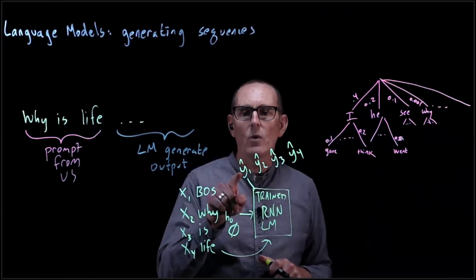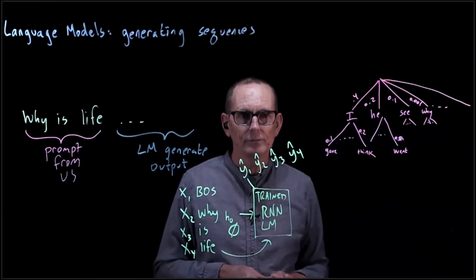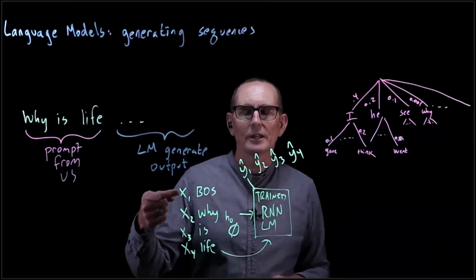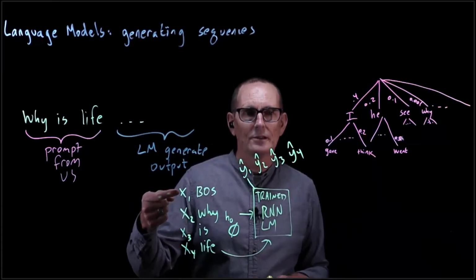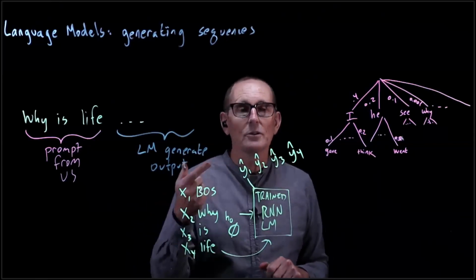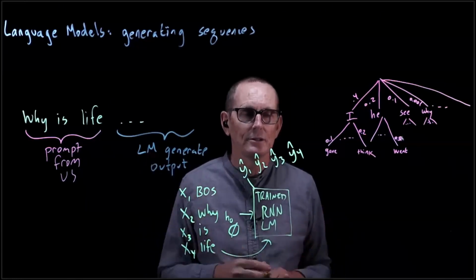Jessica, what does y hat 1 represent? It would be, given x1, which is beginning of string, what would be the prediction of x2? The prediction of x2, that's right. So it would be a prediction of what word starts a sequence.